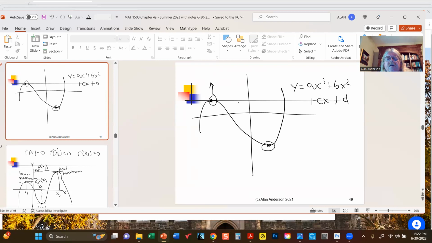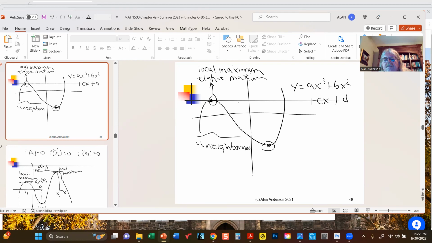So sometimes you hear this referred to as a local maximum. Or sometimes it's called a relative maximum. It may not be the largest point in the entire function, but it is within this area. Sometimes in math, we call this a neighborhood. Within this neighborhood, this is the largest value of the function.